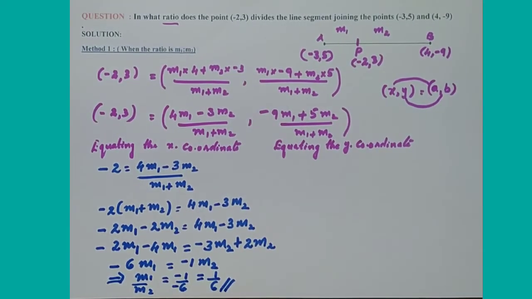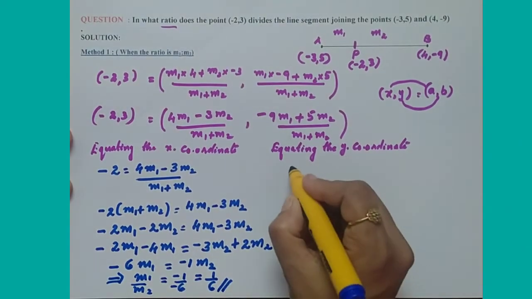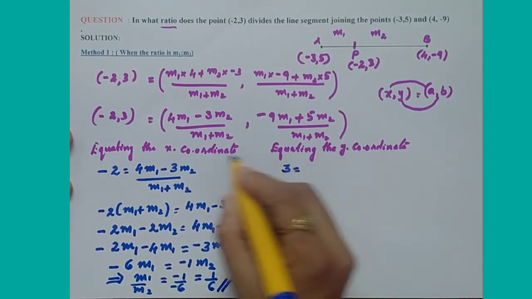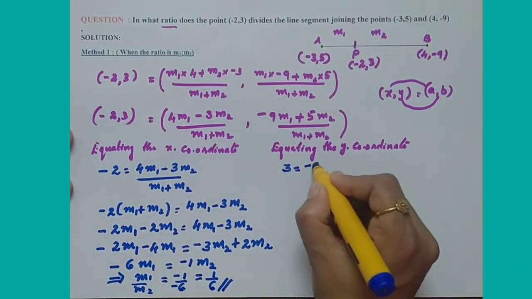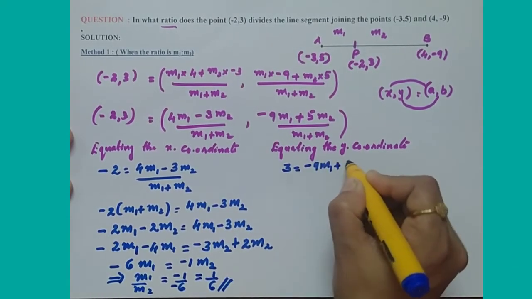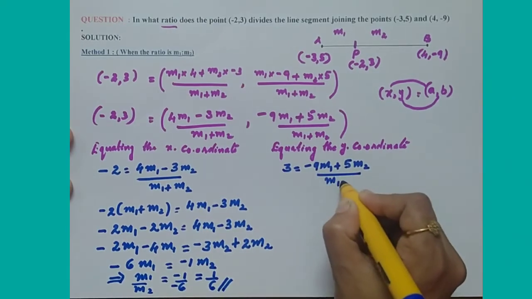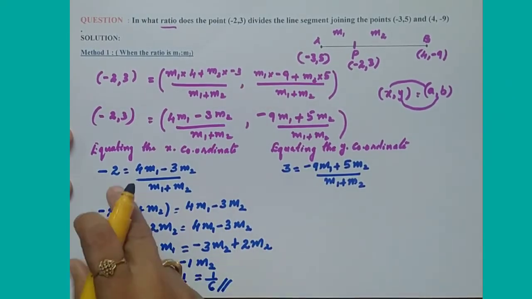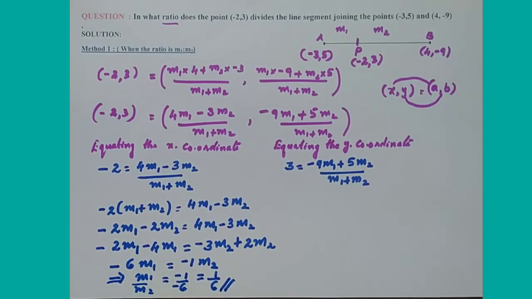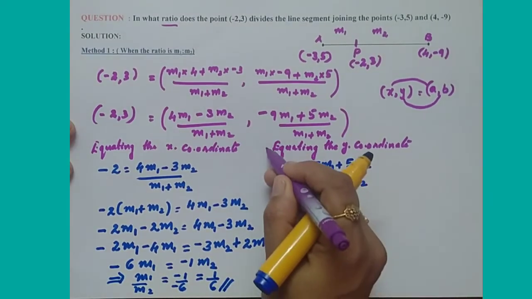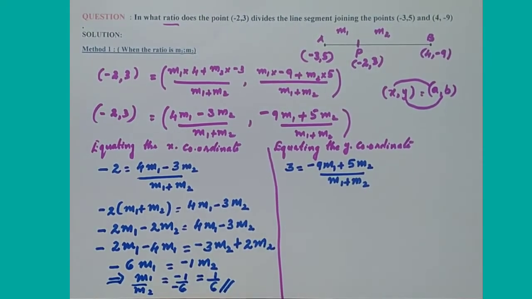Here the y coordinate on the LHS is 3, which is equal to the y coordinate on the RHS, minus 9m1 plus 5m2 divided by m1 plus m2. Equating the x coordinate and equating the y coordinate, you need to do separately.